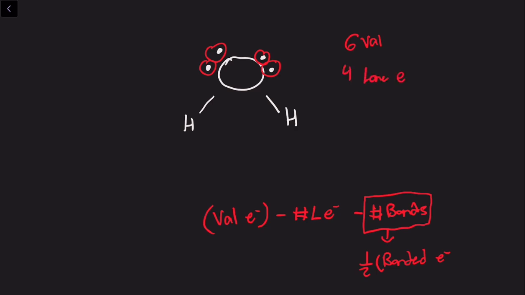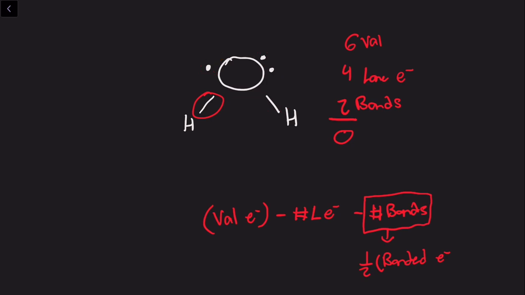So we have 4 lone electrons, and how many bonds does it have? 1, 2. It has 2 bonds. So when we subtract our lone electrons and our bonds from our total valence electrons, we get a charge of 0. This is extremely stable.